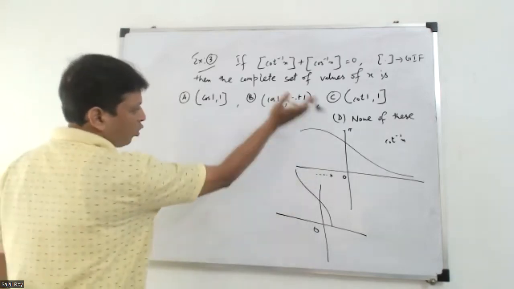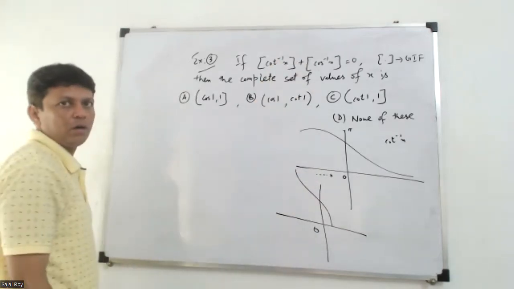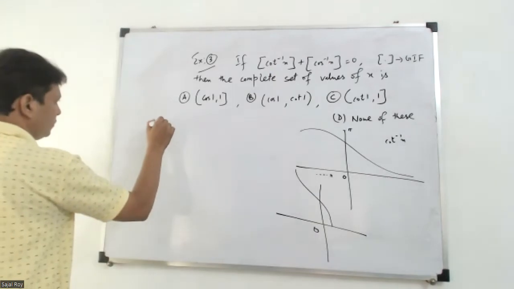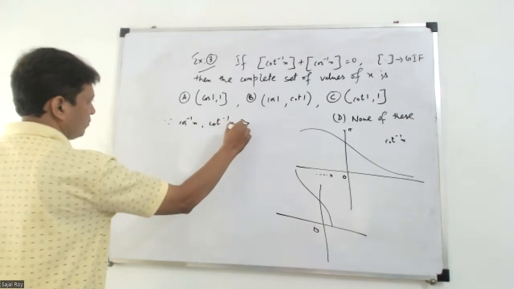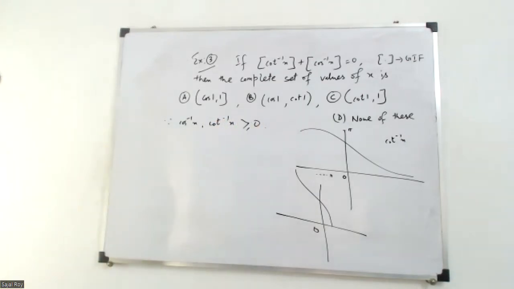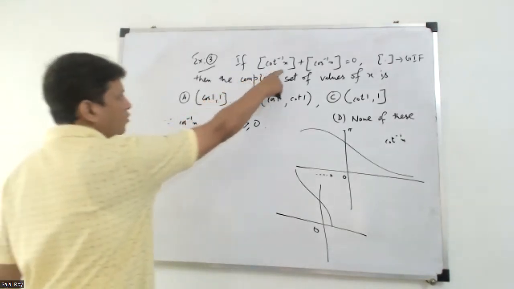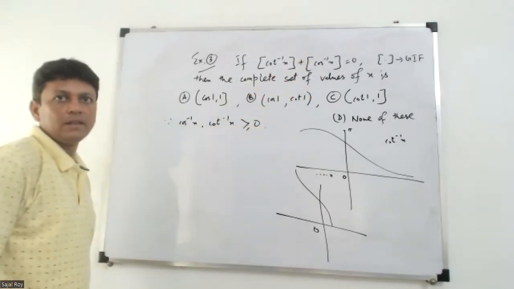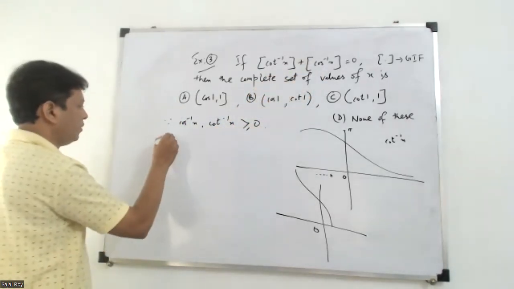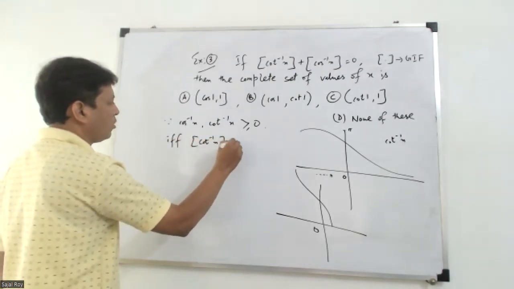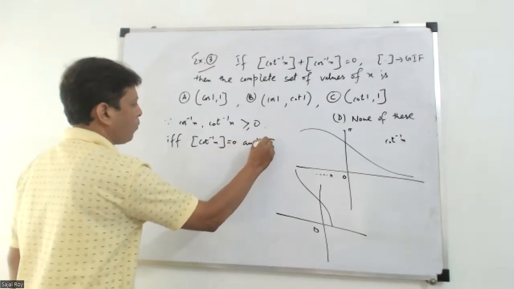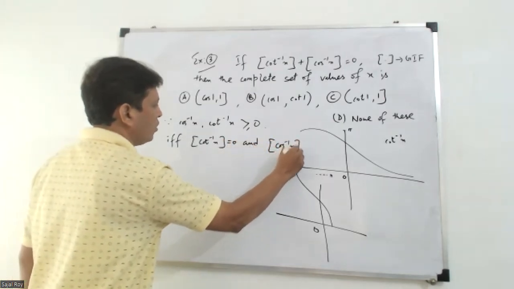So cos inverse x and cot inverse x both are greater than or equal to 0. This is the first information. Okay. So this equation will be satisfied if and only if box cot inverse x equals 0 and box cos inverse x equals 0.